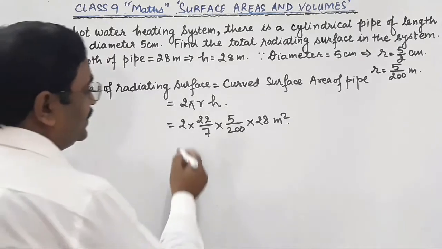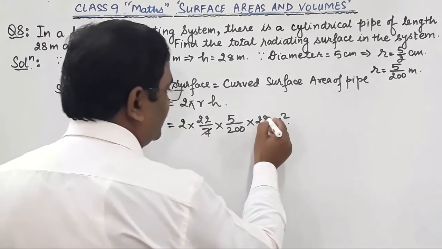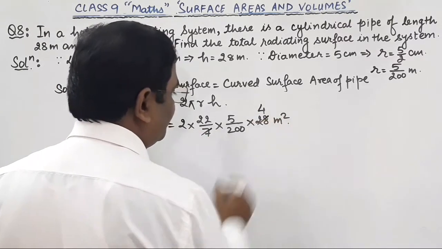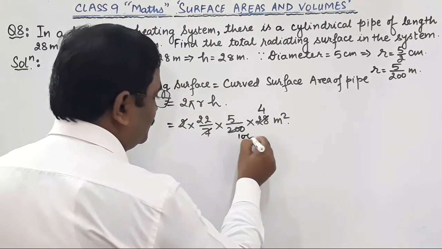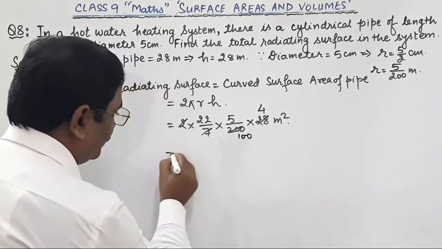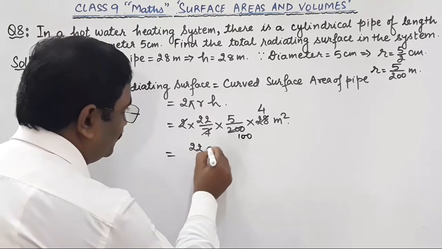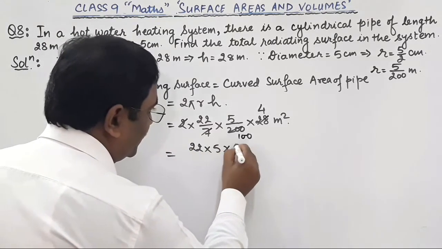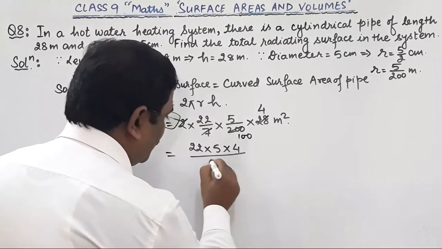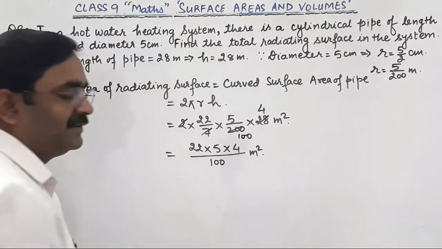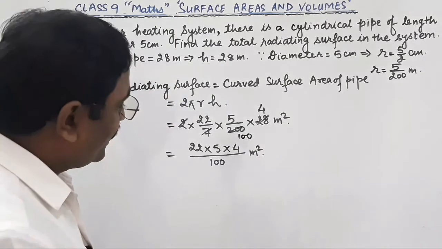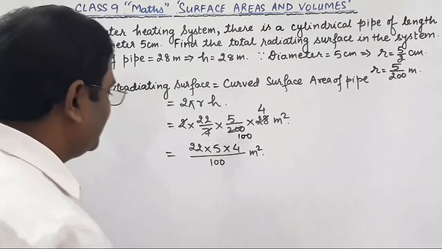Now simplify it. 7 4s are 28. Now 2 hundreds are 200. Therefore we got 22 multiplied by 5 multiplied by 4 upon 100 meter square. Right friends? So you can multiply these all.